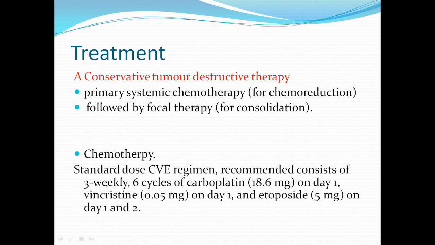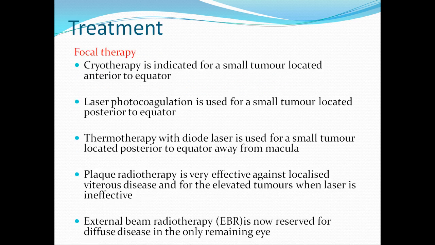The standard dose of CVE regimen recommended consists of 3 weekly 6 cycles of CVE, that is carboplatin, vincristine and etoposide. Depending upon the location and size of the tumor, focal therapy can then be chosen from the following modalities.